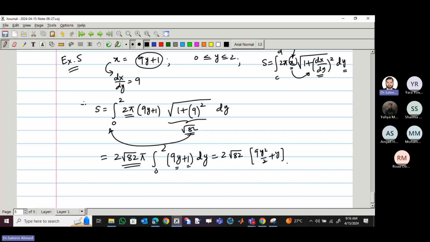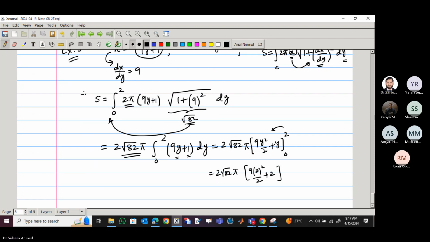So from 0 to 2. Now you can replace 2 first and then 0. Pi is also there. Pi and 9 into 2 square by 2 plus 2, and 0 will give you 0. So that's my answer.